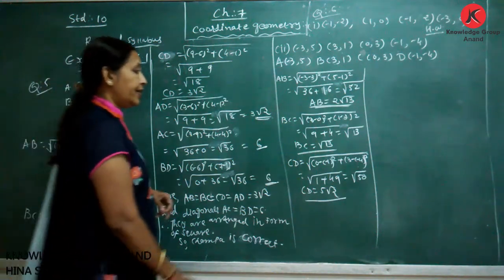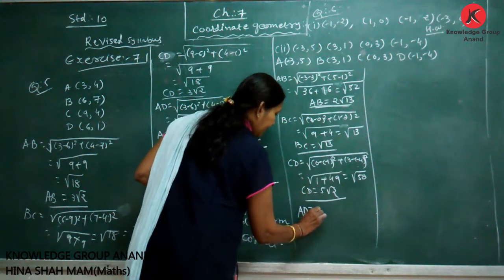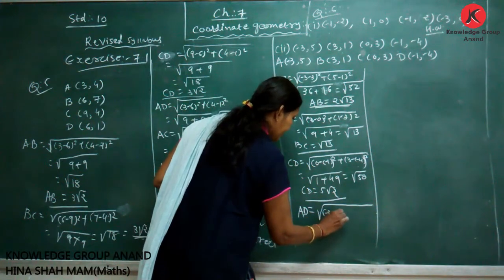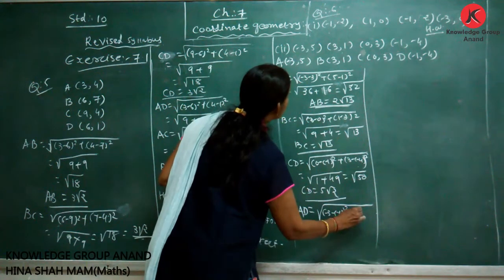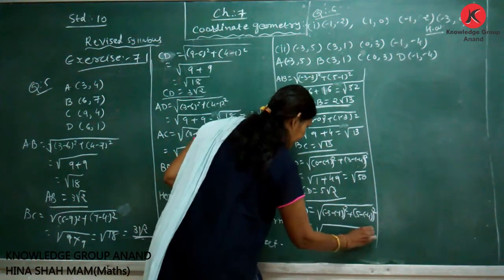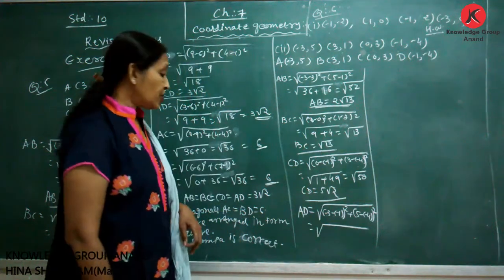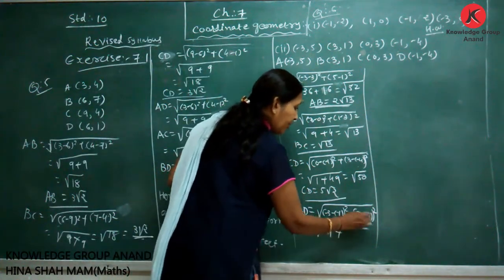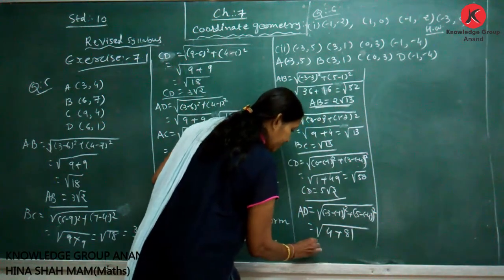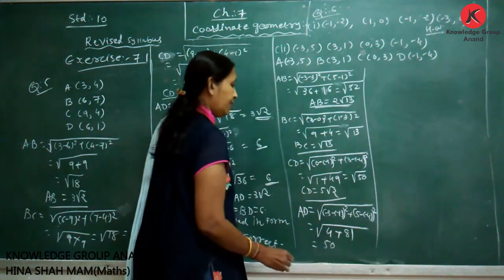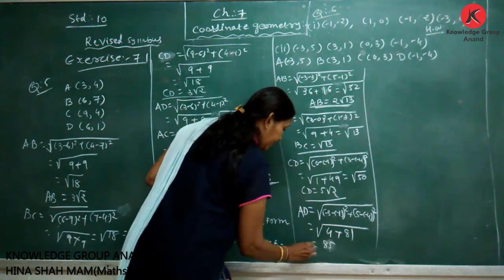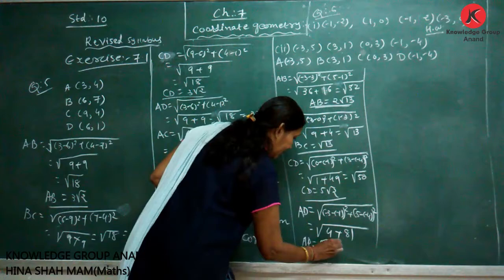Now we find the other side AD: (minus 3 minus 1) square plus (5 plus 4) square, equals minus 4 square, 16, plus 9 square, 81, equals 97. AD is equal to root 97.